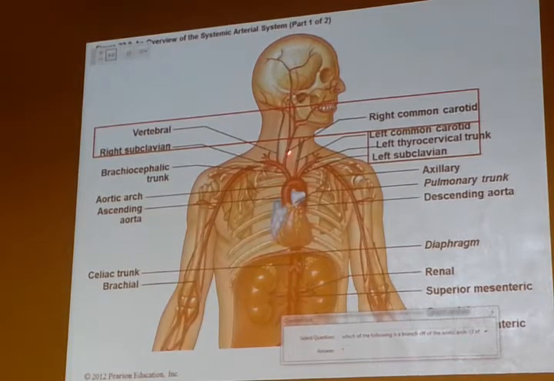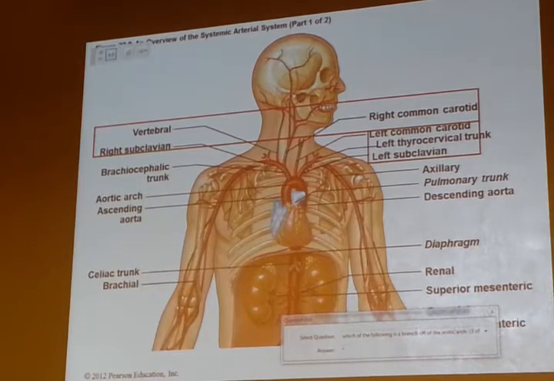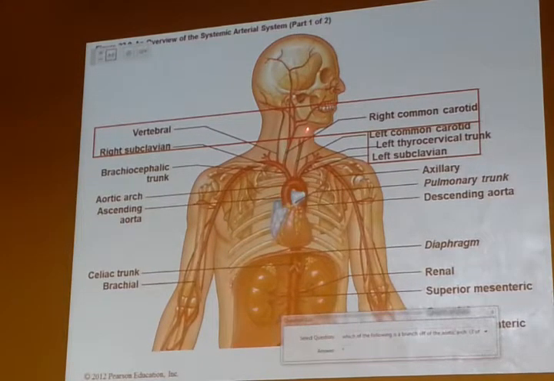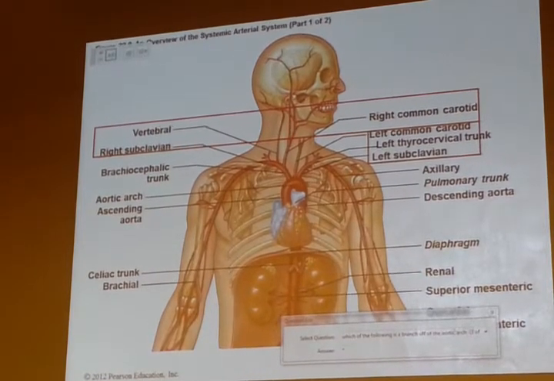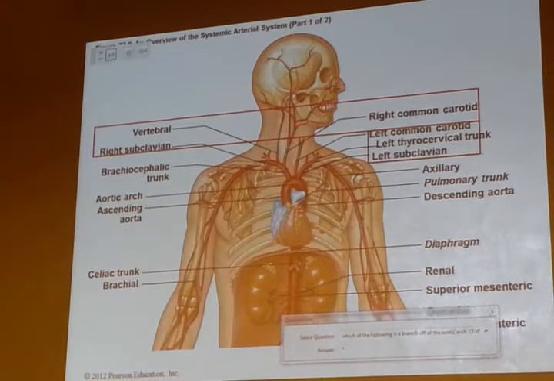In this case, the common is going to branch and form an internal and an external carotid artery. So the right common will then branch, and we'll see it on another figure, to form 2 more vessels that have the term carotid in them, internal and external carotid.